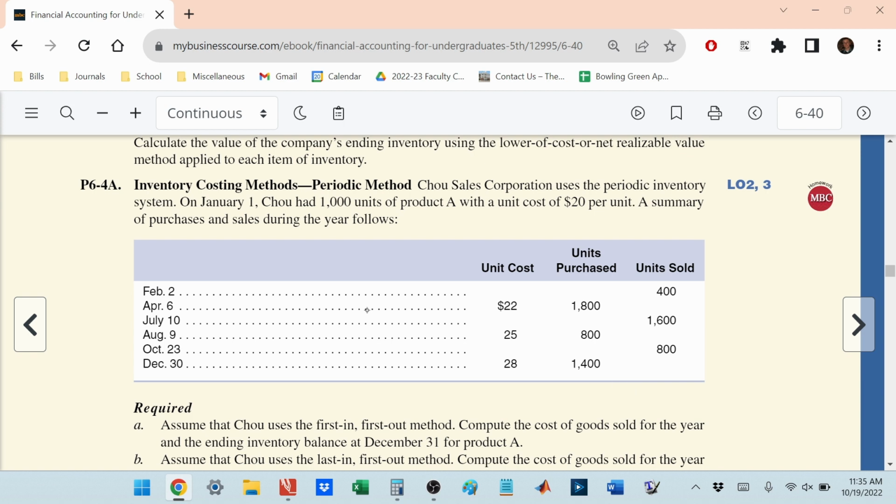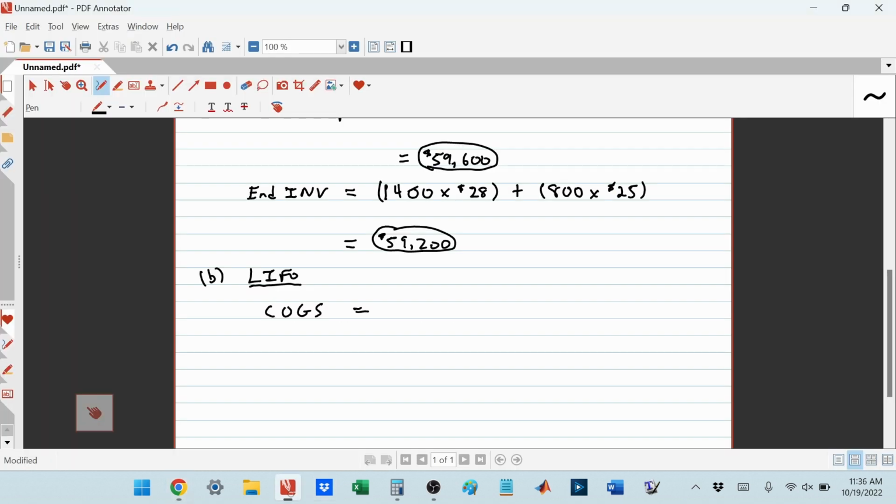So of the 2,800 units we ended up selling this year, we're going to assume 1,400 came from December 30th, 800 came from August 9th, so that totals up to 2,200. And we still sold 600 more units, and 600 came from April 6th. So our LIFO COGS is going to be 1,400 times 28 plus 800 times 25 plus 600 times 22.